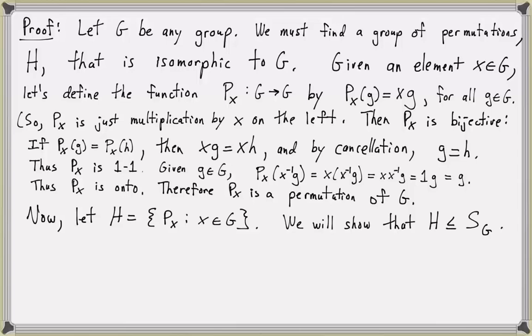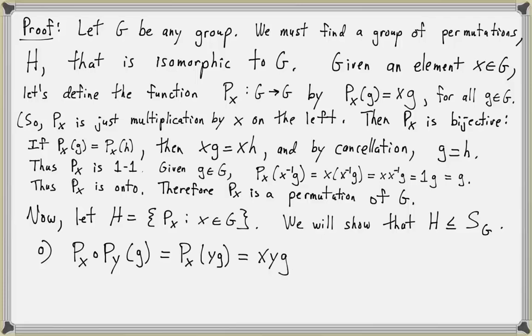First of all, let's show that H is closed under function composition. Let's call this group axiom 0. p sub x composed with p sub y of any element g would equal p sub x of y times g, and that equals x times y times g. But this is the same as p sub x times y of g.